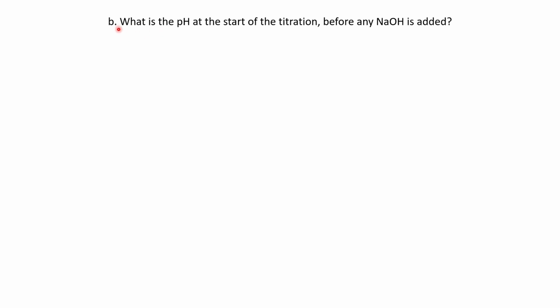Okay, so part B is what is the pH at the start of the titration before any sodium hydroxide is added. So we just have our acid in solution right now. So nitric acid is a strong acid, meaning it's going to form hydronium and nitrate. Again, this is not an equilibrium, it's just a right-hand arrow. This makes our calculations much easier. So remember, to get to pH, we need concentration of hydronium.